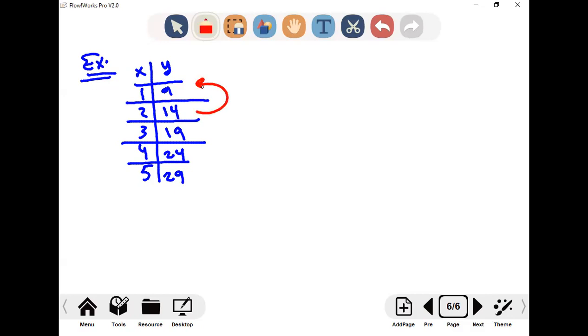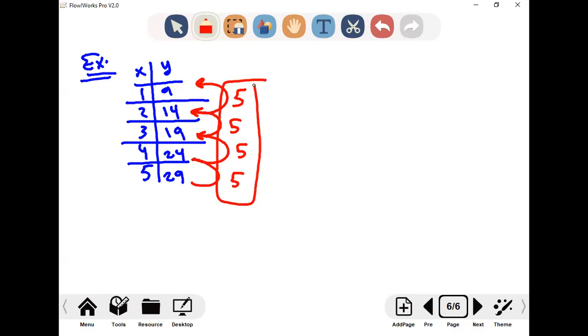14 minus 9, how much? 5. 19 minus 14, 5. 24 minus 19, 29 minus 24. If you have the subtractions the same, the differences are the same, it will be linear, else non-linear.